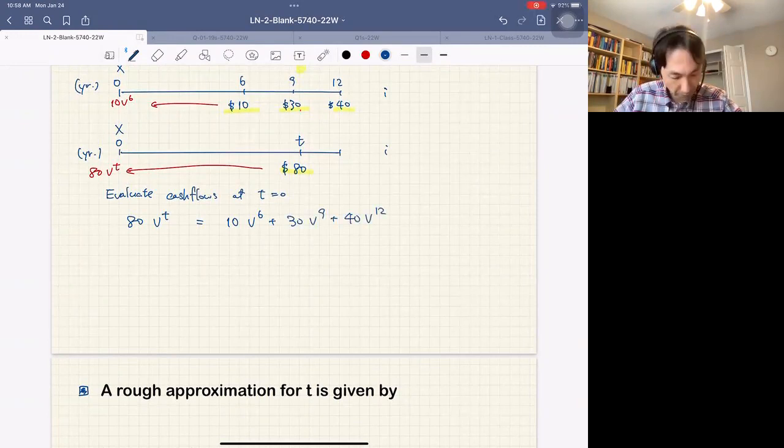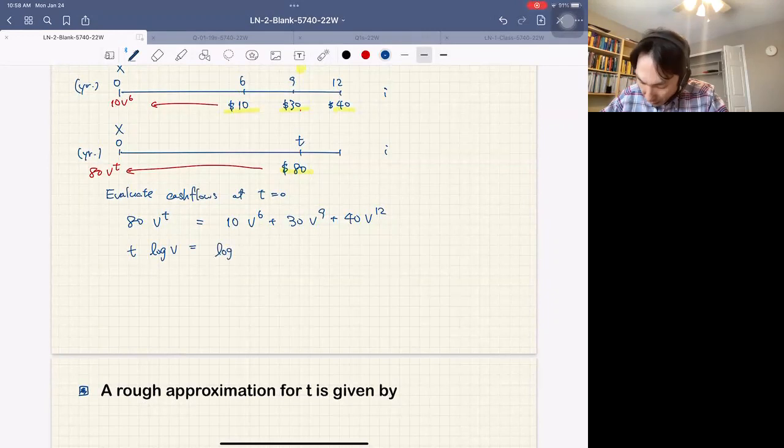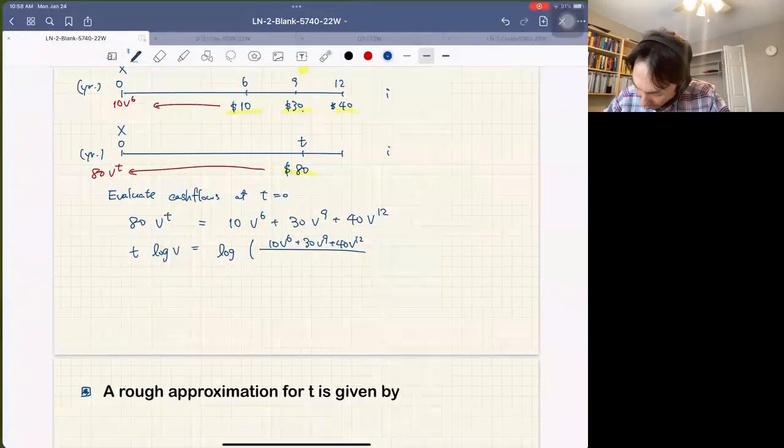So if we take the logarithm, maybe we divide by 80, then take the logarithm. Then T times log of V is equal to log of the other amount: 10 times V6, 30 times V9, 40 times V12, over 80.